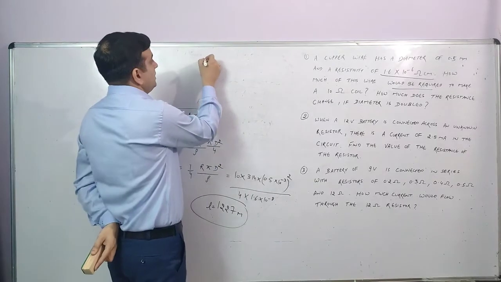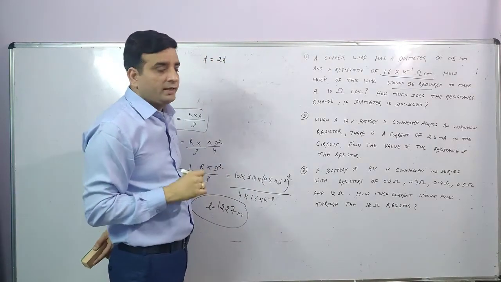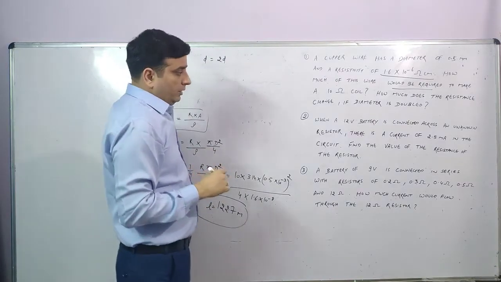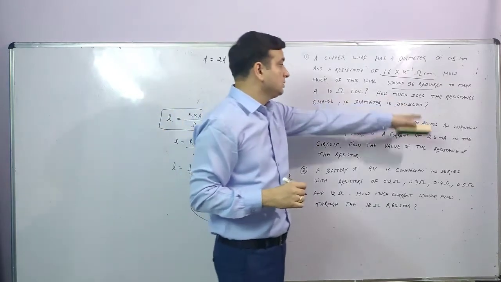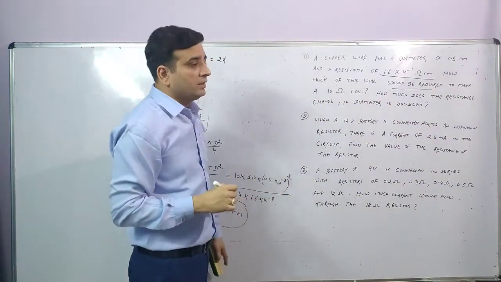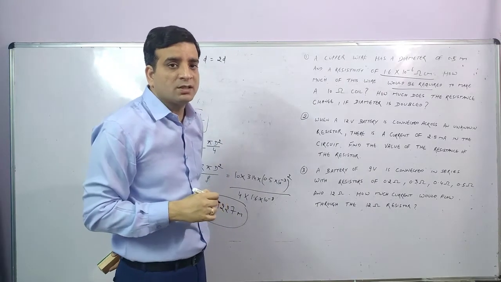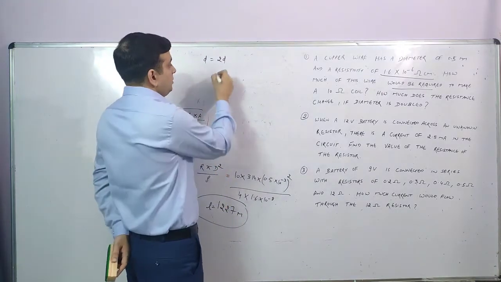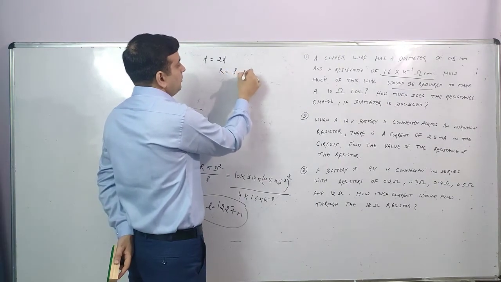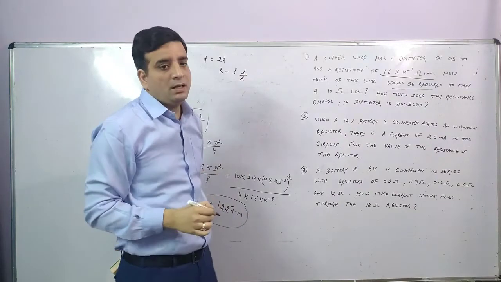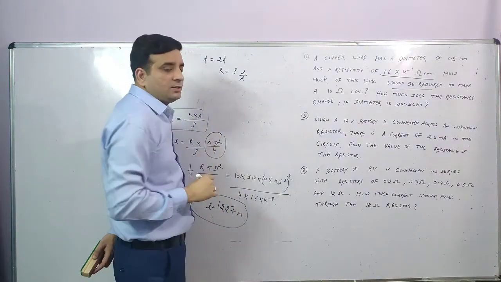Now the new condition is that the diameter is doubled, which is 2d. We will not solve for the exact value, because they are just asking how much the resistance changes if the diameter is doubled. They are not asking the exact value. So we will calculate by what fraction the value will change. I will again use the same formula: R is equal to rho L by A. In place of A, we can write pi d square by 4.